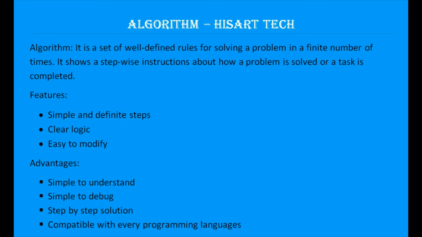Algorithm provides you the way. You don't need to worry about your programming language. The matter is how you solve a problem. It's just a step by step description of your way. That is all it means.